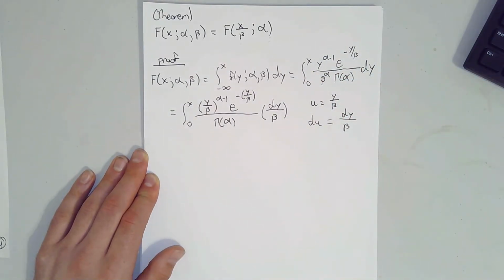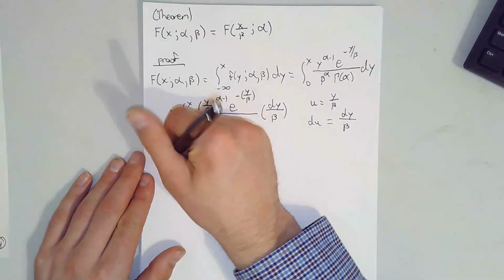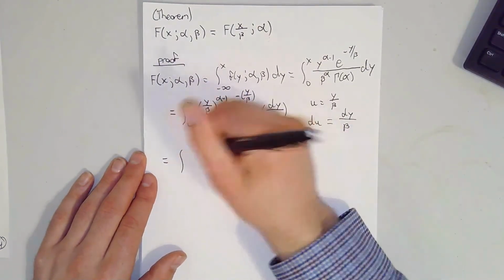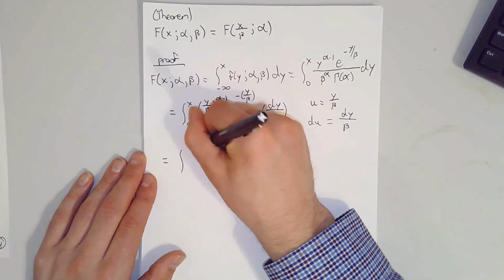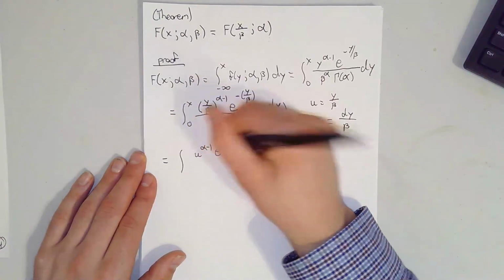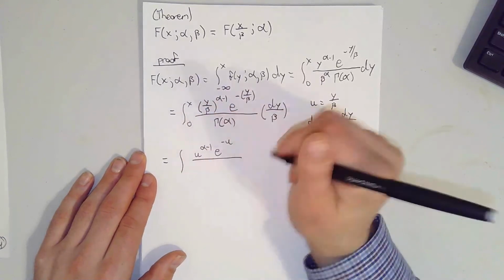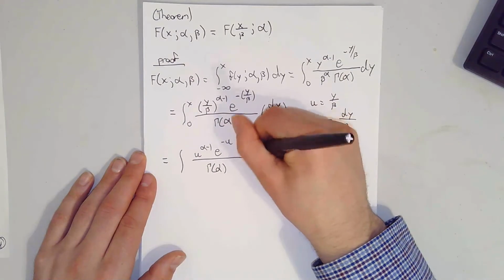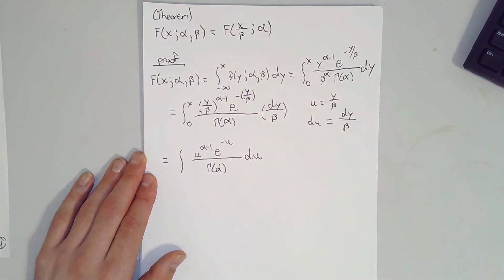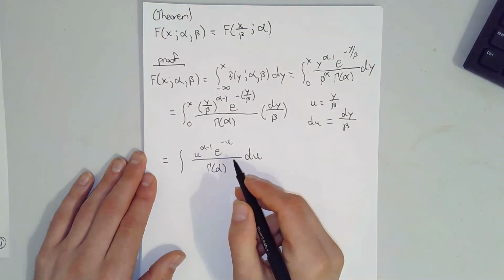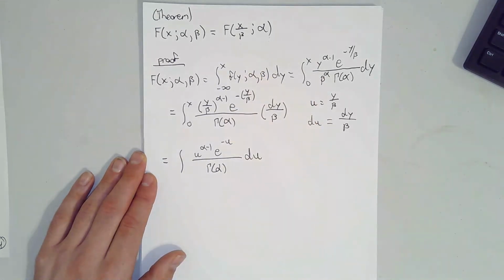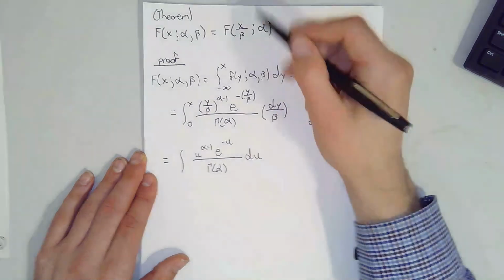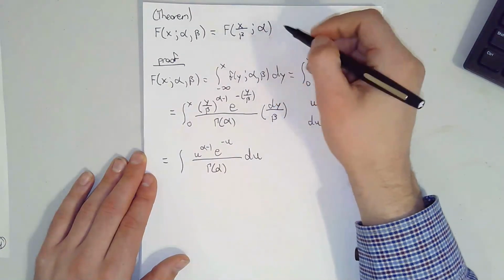So the same substitution as before, leaving us in the following way, just like so. This is very much like the CDF of the standard gamma distribution, in other words, this thing on the right.